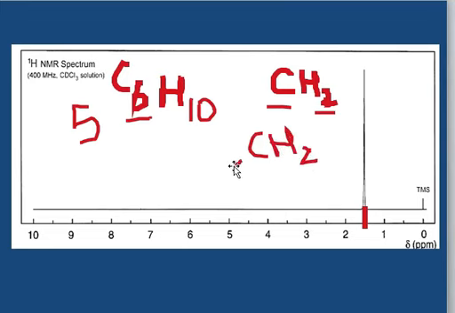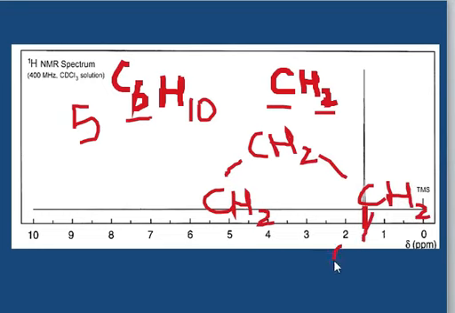Here you can see I joined it here, CH2, sorry. I also joined here CH2, and I have to satisfy these two valencies also, so I join here CH2. Now four CH2 groups are combined, and here is our fifth one.